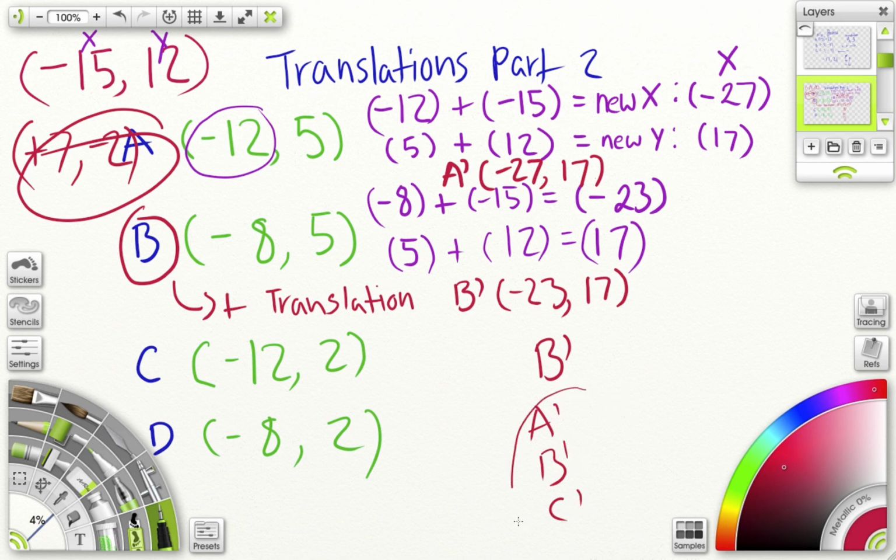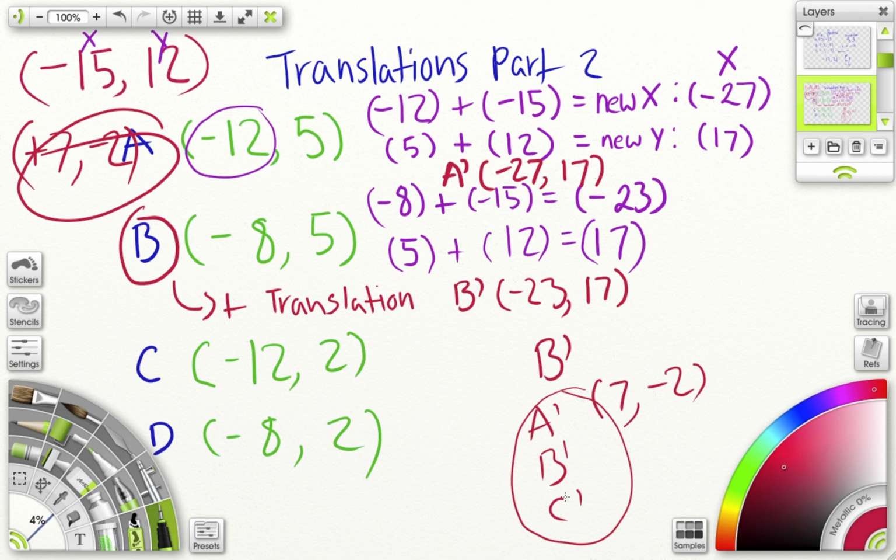Then whatever those coordinates are, you add your newer translation to it. So I take my A prime and I add 7, -2. And I do that for all of them, the same process I did originally.